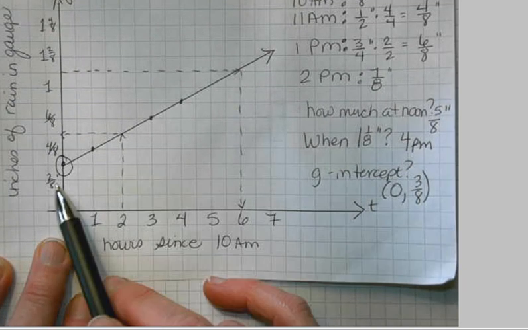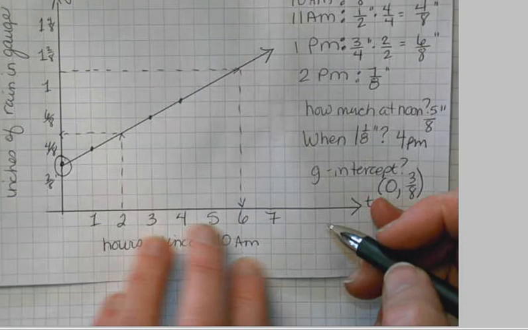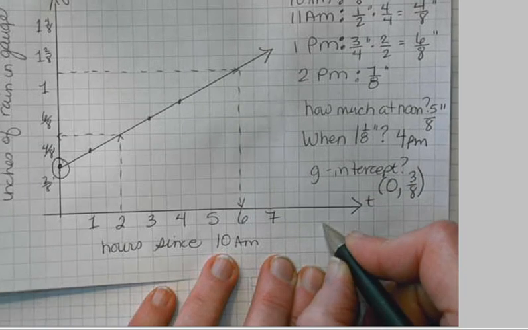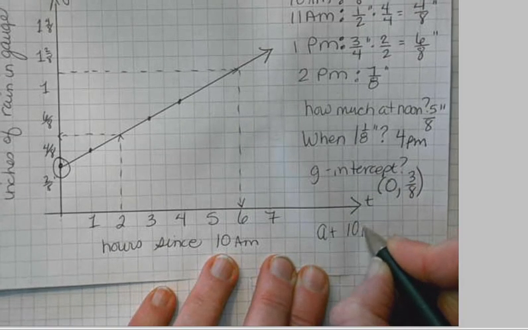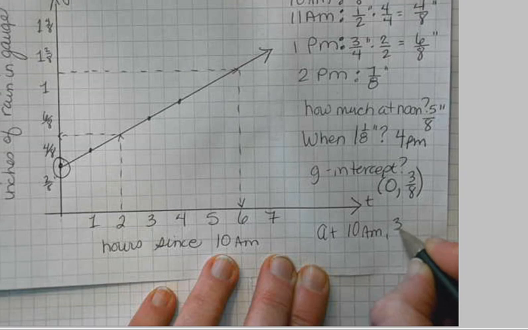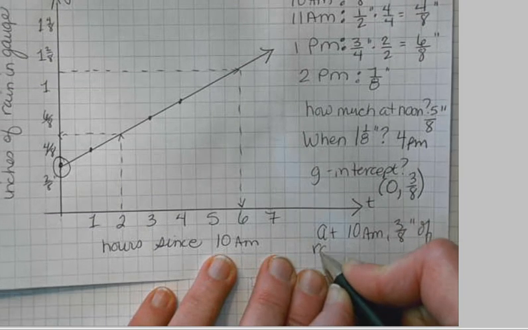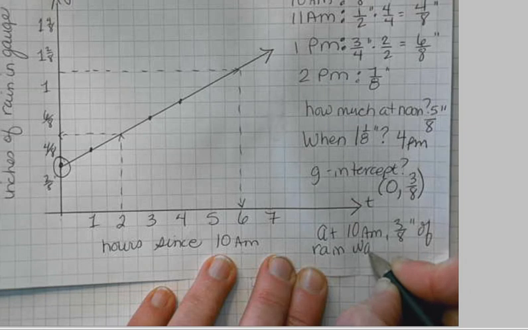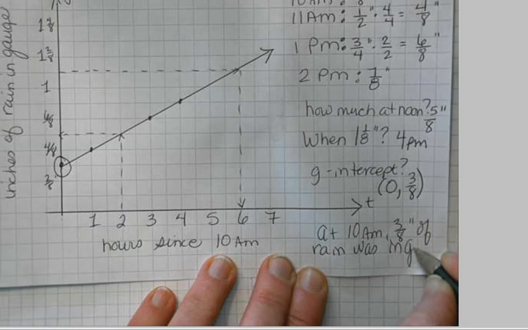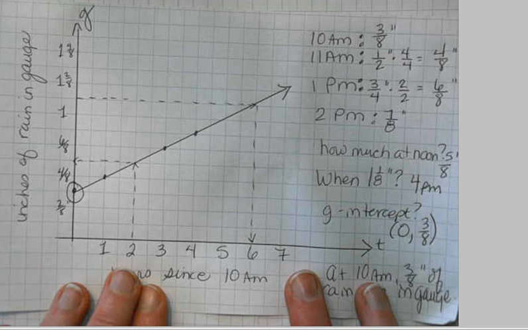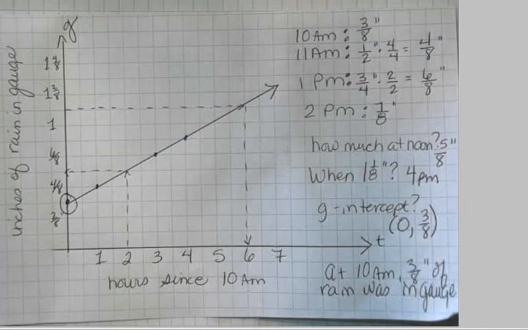Well, 3/8 of an inch, and that was actually one of the data points we plotted. So what does the g-intercept mean? It means that at 10 a.m., 3/8 inch of rain was in the gauge. And so that answers all of the questions we have for this particular problem. And there's our nice little scatter plot all finished up.